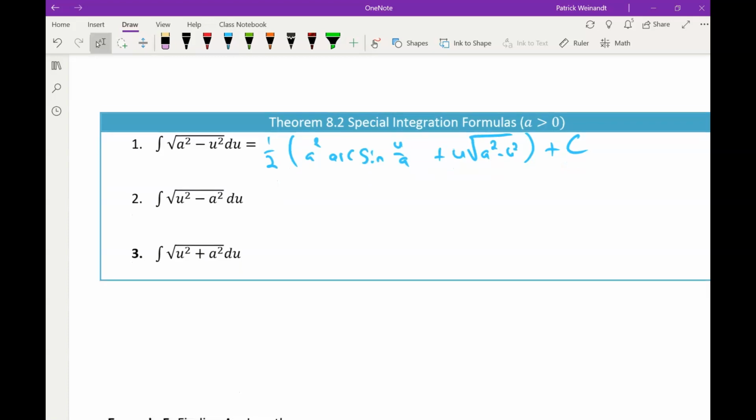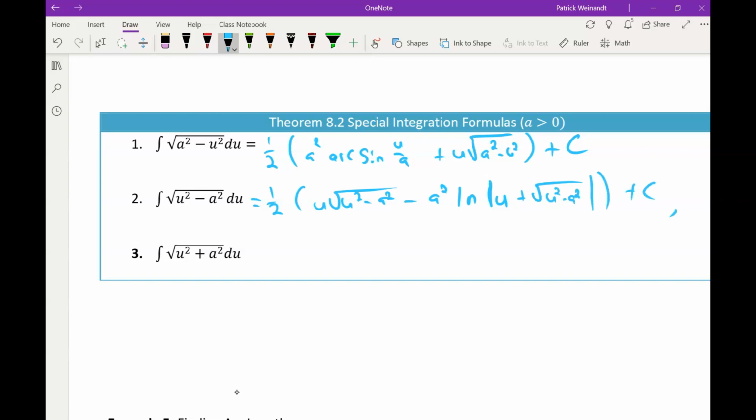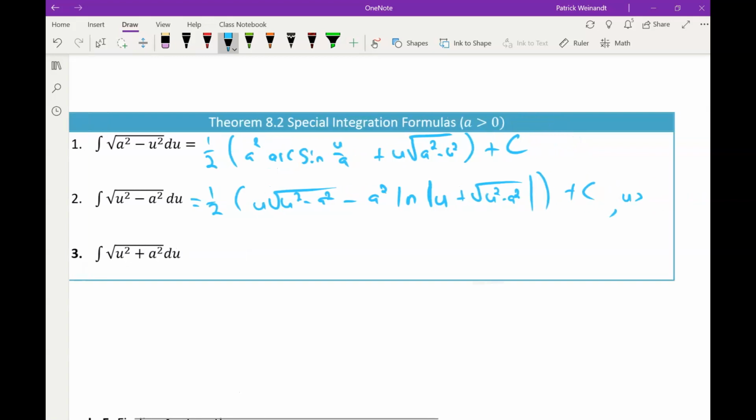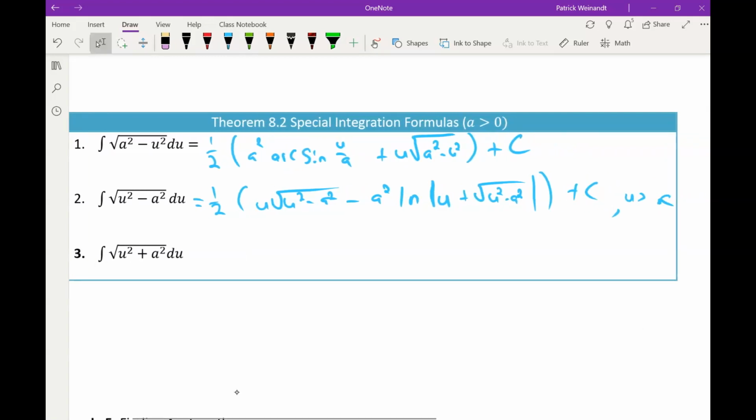If you have the square root of u squared minus a squared, your answer for an indefinite integral is 1/2 times u times the square root of u squared minus a squared, minus a squared times the natural log of the absolute value of u plus the square root of u squared minus a squared, plus c, where u has to be greater than a.